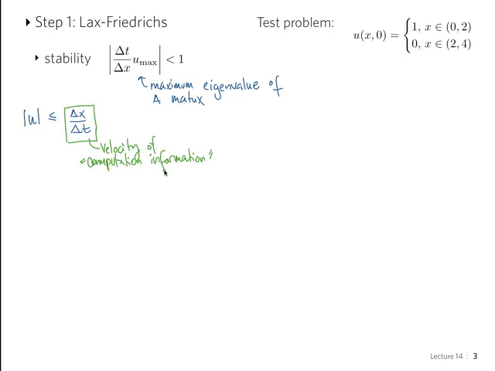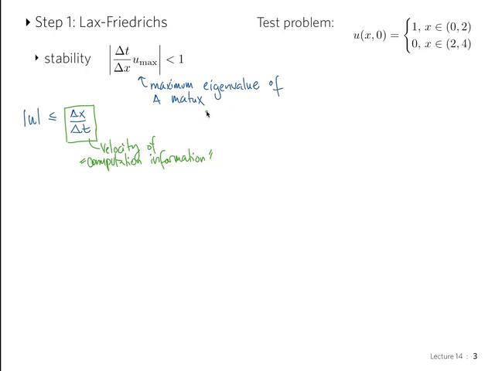I'm reminding you of this so that we can discuss the solutions that you saw when you programmed this. And of course, we know that the method is first order, so it's dissipative.